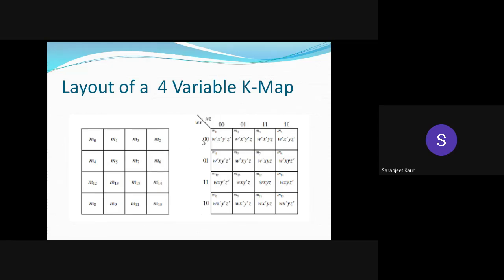Okay, now obviously how many cells are going to be there in the four variable Karnaugh map? 16 squares. 2 raised to the power of 4, that is 16, each corresponding to an input variable combination of the truth table that we had seen earlier.